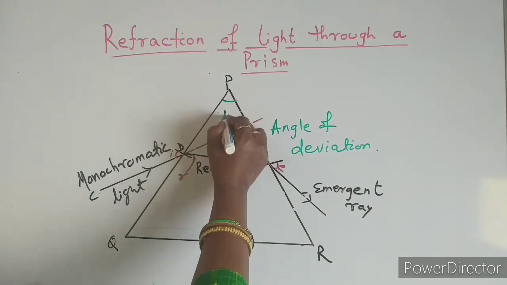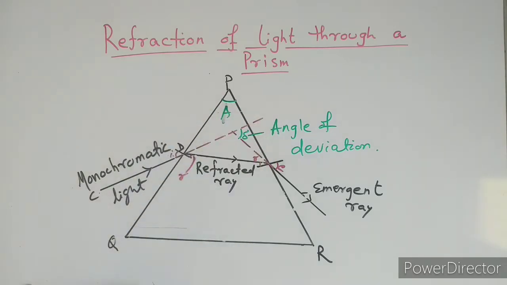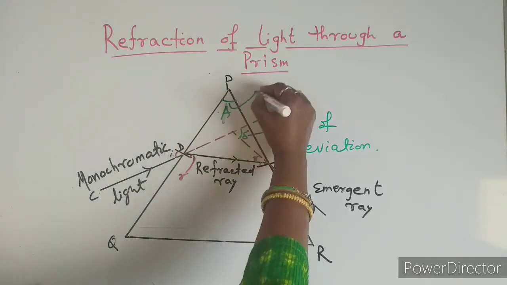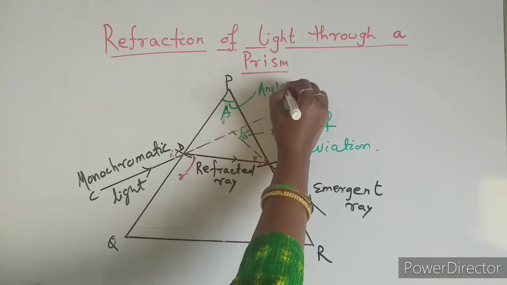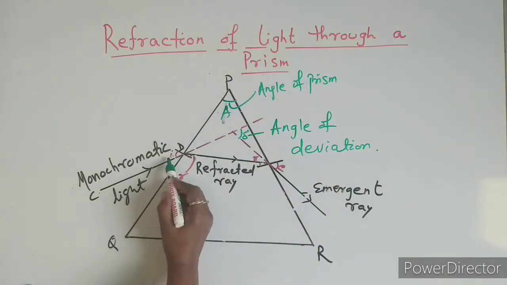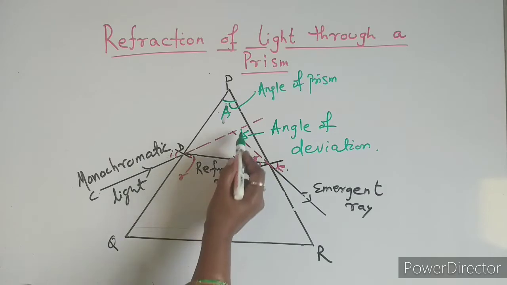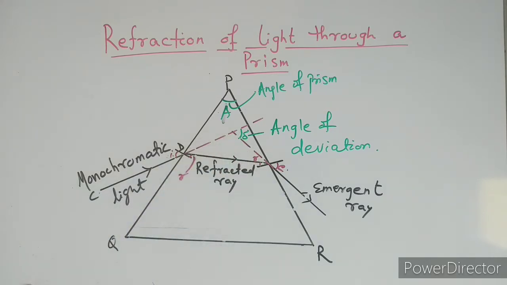This one is A, the angle of prism. Here I have taken the angle of incidence, here the angle of emergence, and here the angle of deviation.